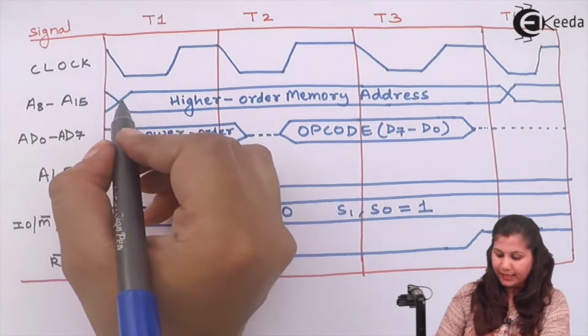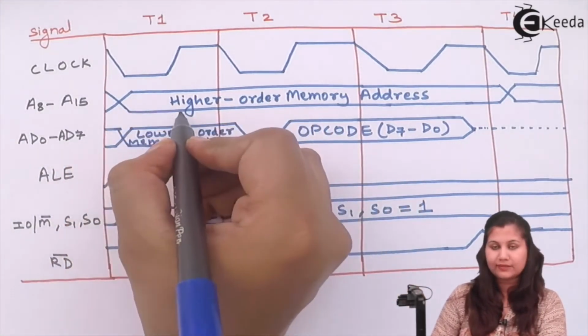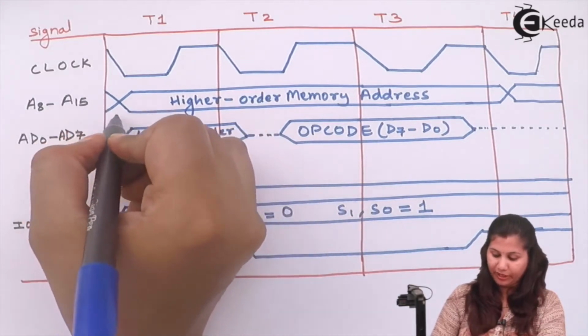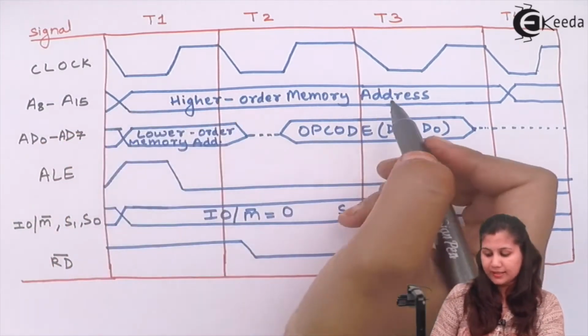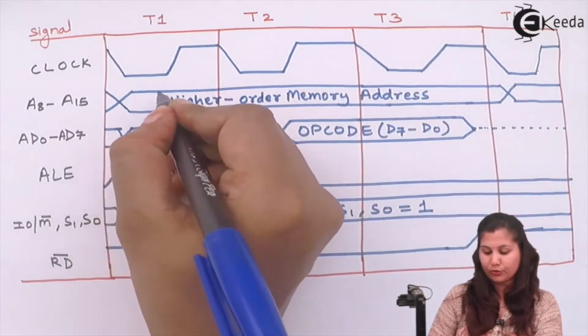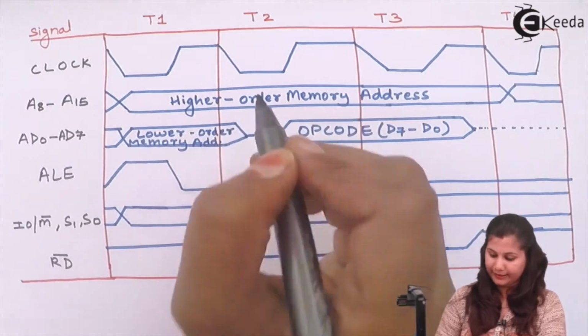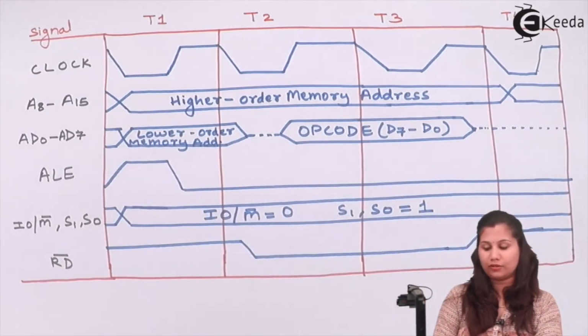You can see that the buses are shown as two lines which are parallel to each other, and they are crossing over with one another, because some lines are high and some lines are low, so they are shown as two parallel lines. Now this dash indicates that the bus is in the high impedance state.